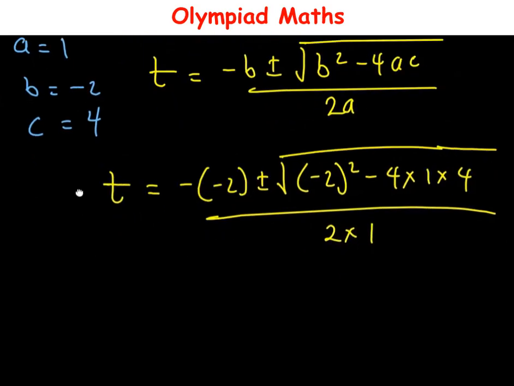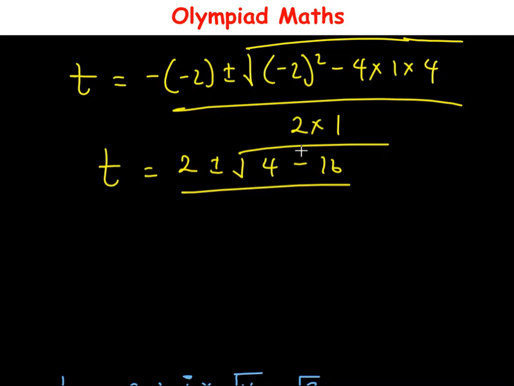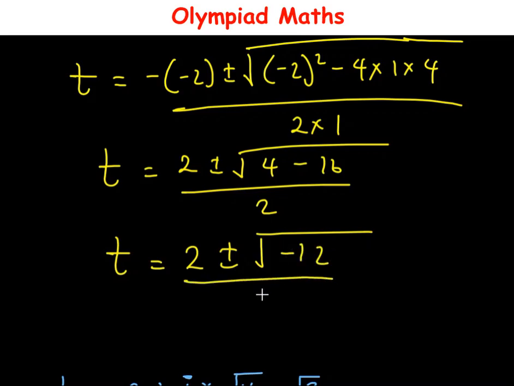So from here, the value of t is equal to minus times minus 2 is plus 2, plus or minus square root of minus 2 squared is 4, minus 4 times 1 times 4 is 16, all over 2 times 1 is 2. The value of t is then equal to 2 plus or minus square root of 4 minus 16 is minus 12 all over 2.